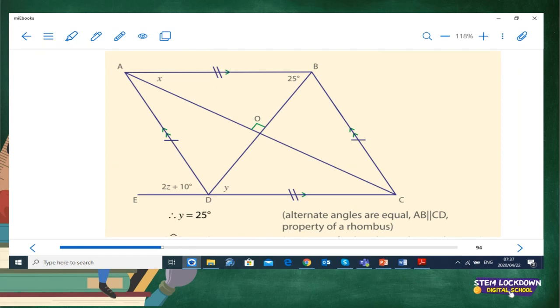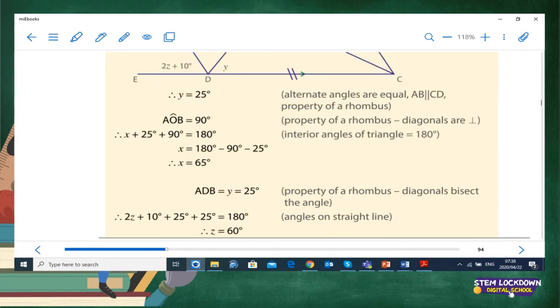This means that if you subtract 115 from 180, you will get 65 degrees. So your value of X there will be 65 degrees, as you can see in this particular activity.